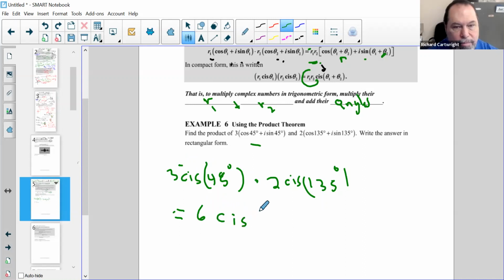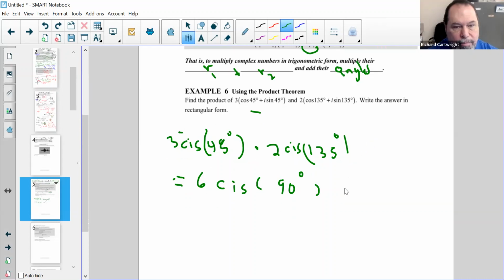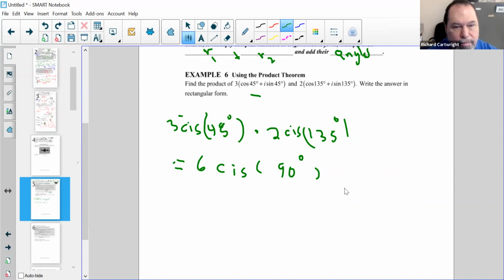Cis, add up, 45 and 135. Hey, I came up to the same thing as I just had. Okay, I don't have to do the other one again. Isn't that awesome? Oh, wait, no, it's not. It's 45 plus 135, which is 180.